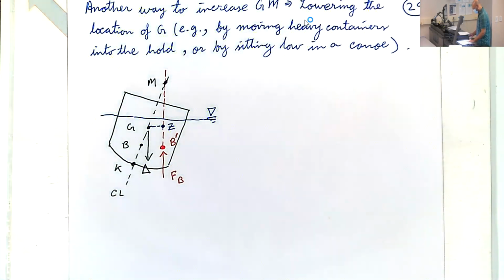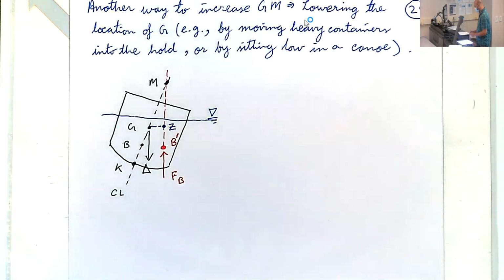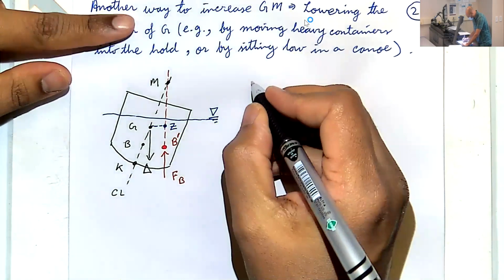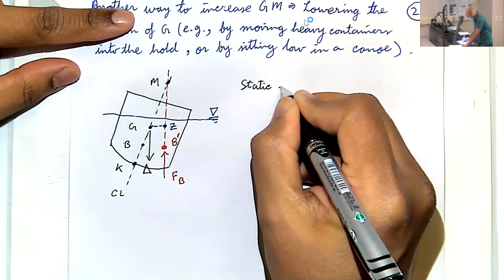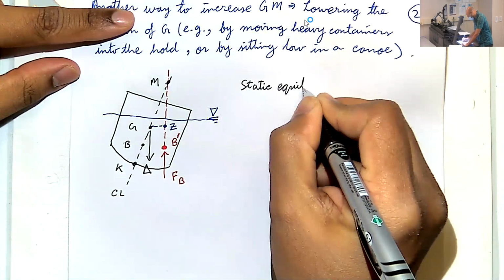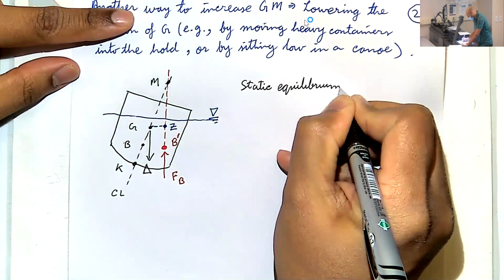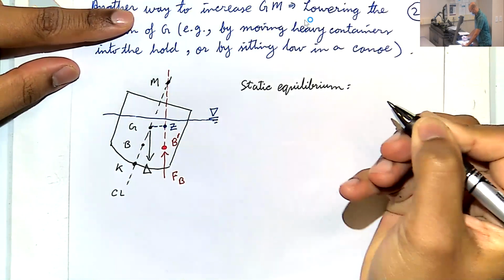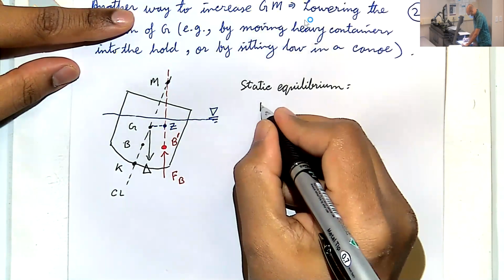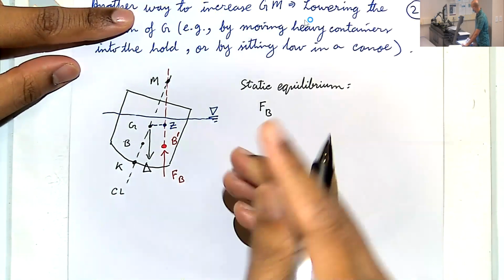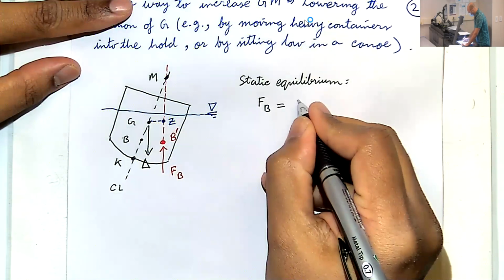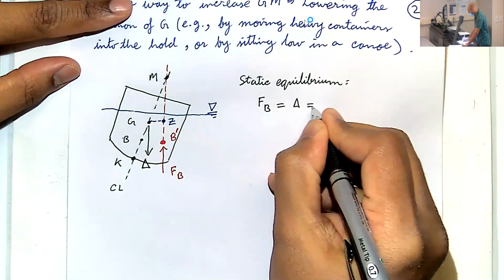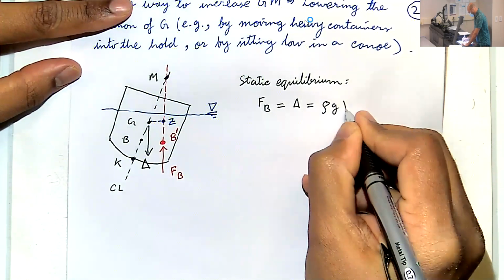All right, so when this tilted hull is in equilibrium, this tells us a few things. Static equilibrium tells us the first thing we know is F buoyant has to be equal to weight, so it has to be equal to displacement, rho g nabla.